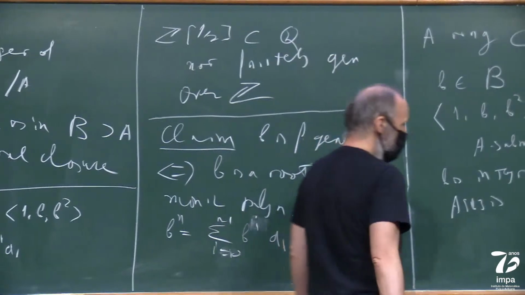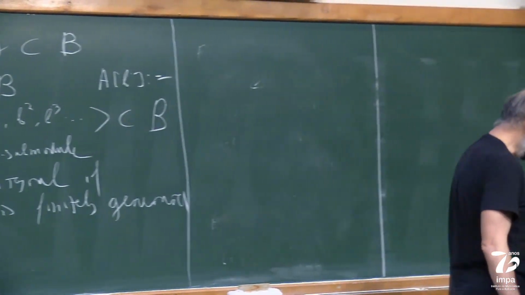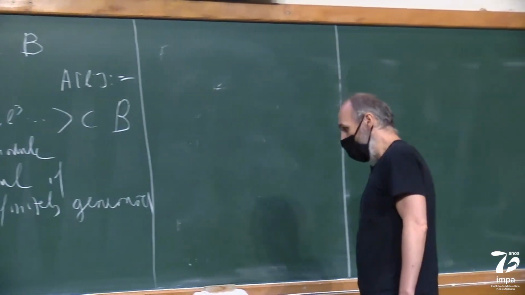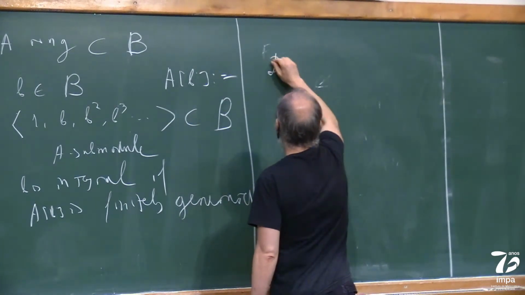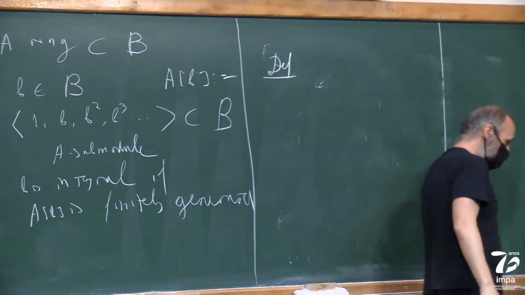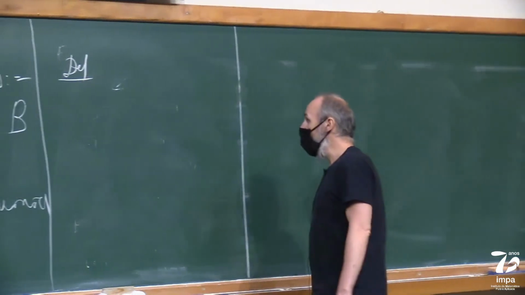The geometric definition is the following. It's actually better because for the geometric one, you don't need to assume your ring has no zero divisors. So, definition, I'm defining it for affine varieties.